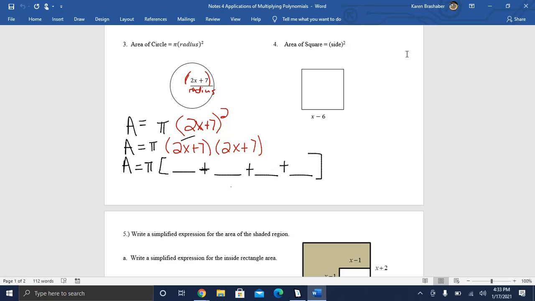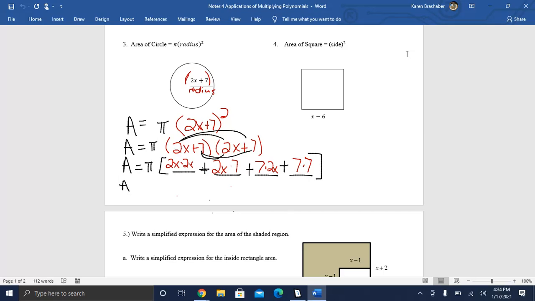So we'll start with 2x times 2x, and then move on to 2x times 7. Then we'll switch to 7 times 2x. And then 7 times 7. Doing the distributive, multiplying all of one binomial by all of the other binomial.